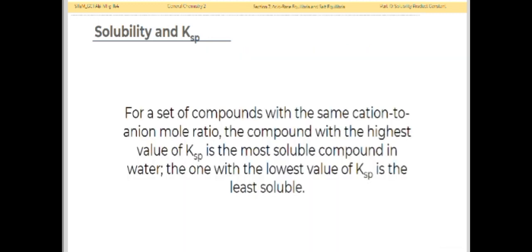So, for a set of compounds with the same cation to anion mole ratio, the compound with the highest value of Ksp is the most soluble compound in water. The one with the lowest value of Ksp is the least soluble.